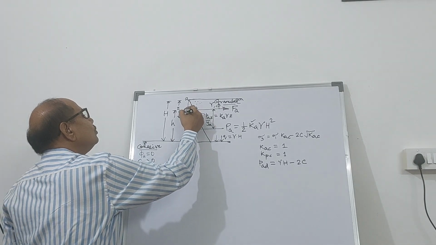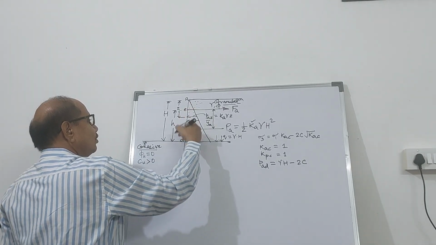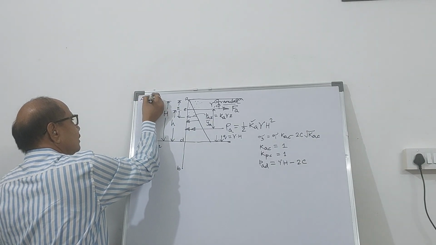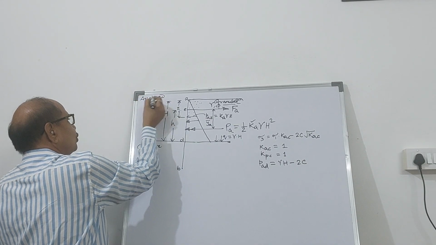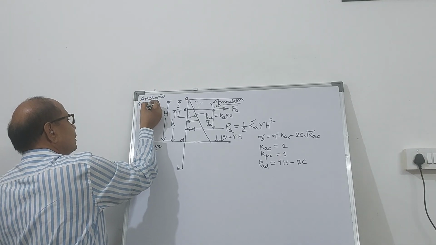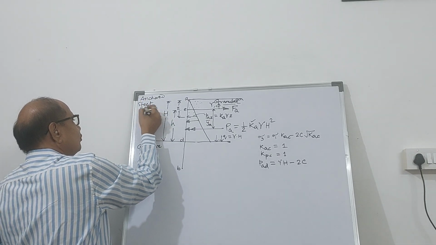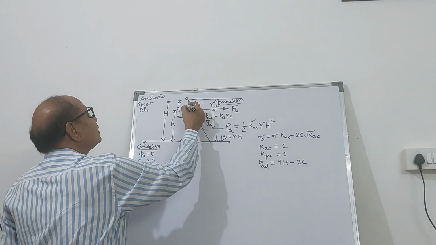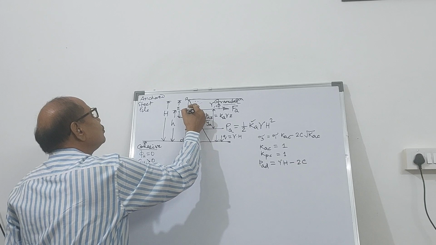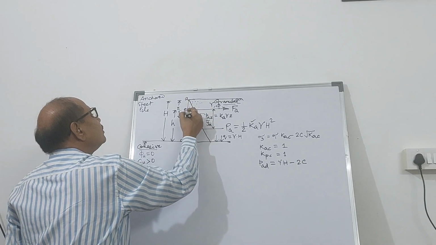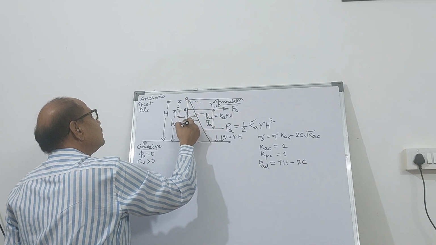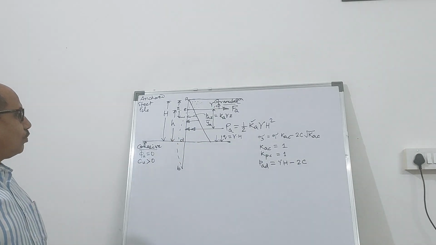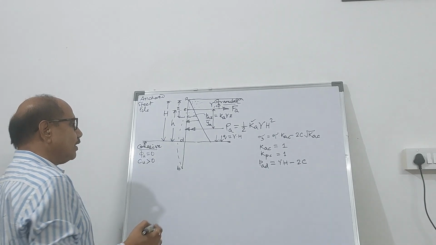Now, because this is going to rotate, as I have already shown you, it is going to deflect because it is an anchored sheet pile. In my previous video, I have shown you how it is going to deflect. So the deflection pattern is known to you for an anchored bulkhead.